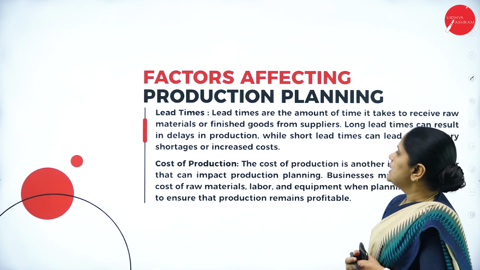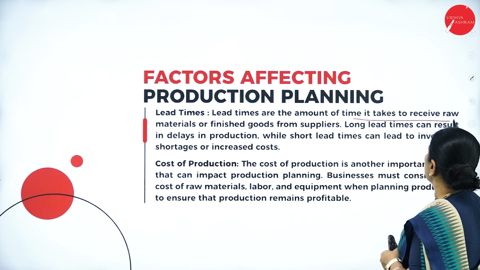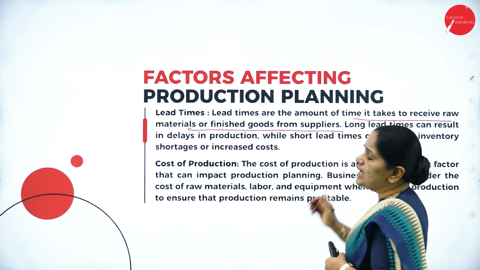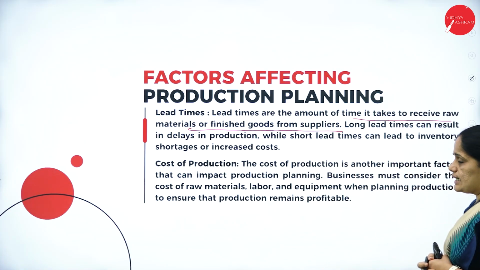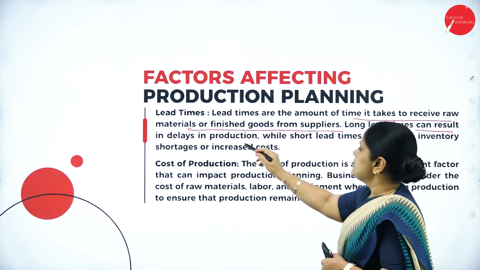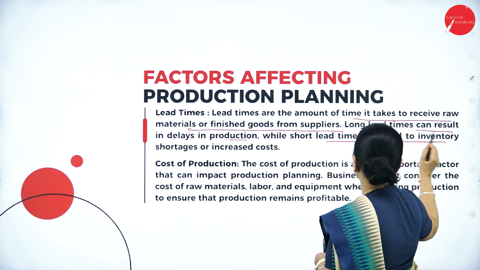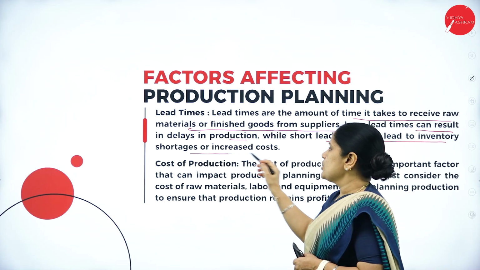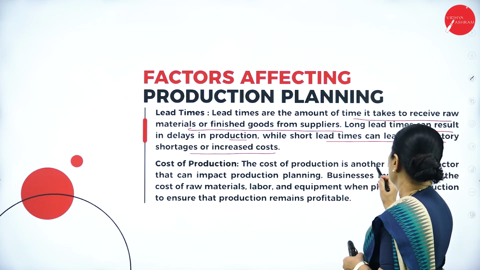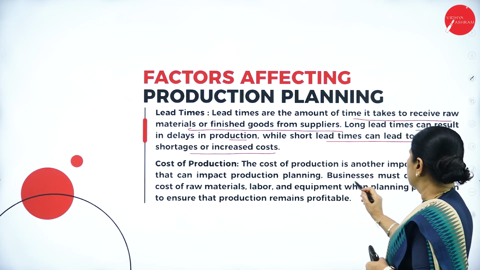Then the lead times, they are the amount of time it takes to receive raw materials or the finished goods from the suppliers. So, it is called the lead time. Long lead time can result in delays in production, while short lead time can lead to inventory shortages or increase the cost. So, cost of production is another important factor.